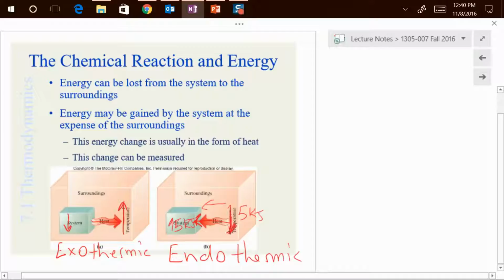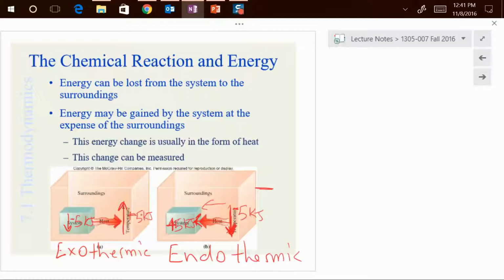for the surroundings, okay, that's a negative 5 kilojoules, and over here it's a positive 5 kilojoules increase. Negative 5 kilojoules would cause a positive 5 kilojoules increase. So it's exactly the opposite, right? This is being released, this is being absorbed.